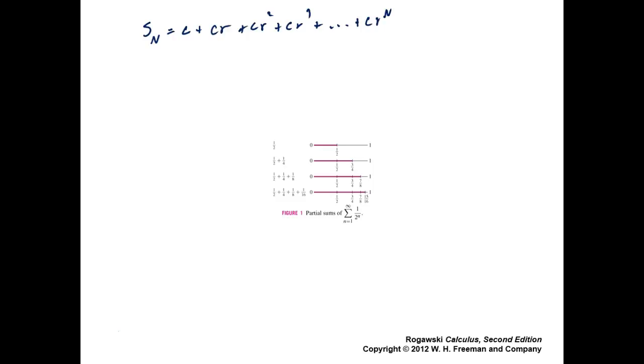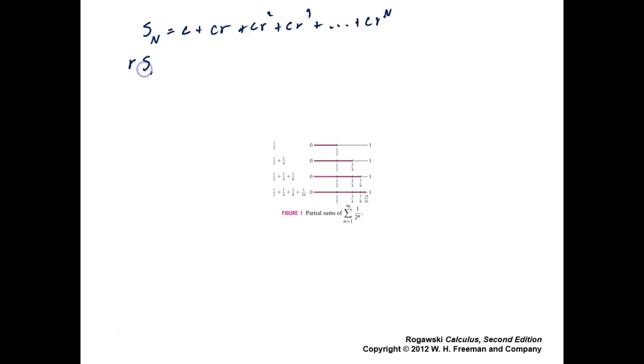Okay, that done. Now, what if we multiply this partial sum by that same ratio R, the common ratio that we had in there? What would happen?